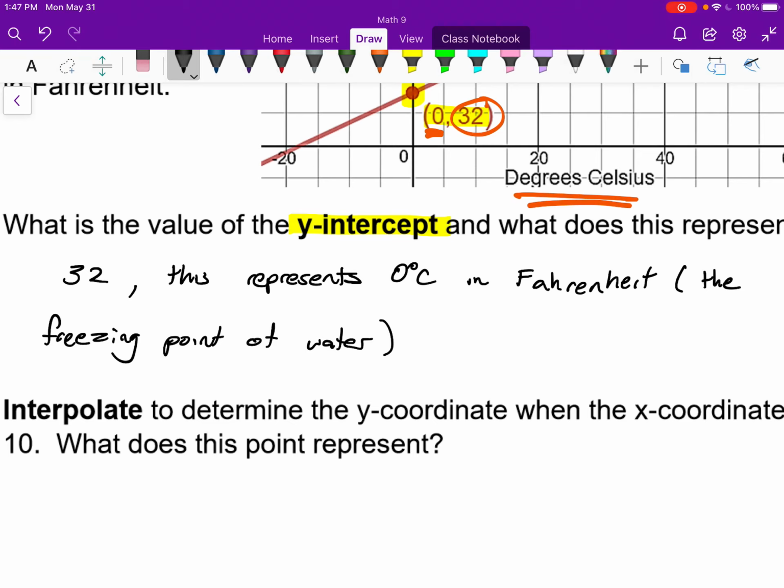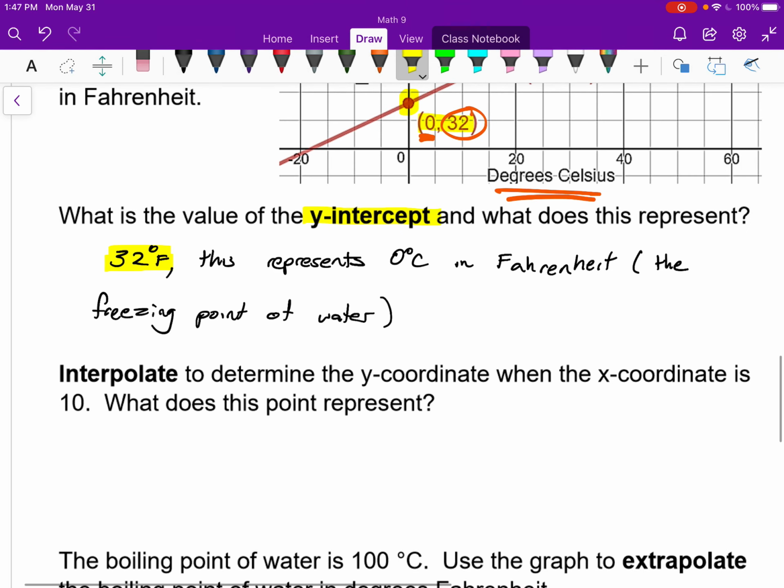Oh, my writing's really messy there, but oh well. And so I'm just going to go up here and change this 32 to 32 Fahrenheit. So 32 degrees Fahrenheit is when water freezes at sea level, equivalent to 0 degrees Celsius. All right, so that's the intercept.